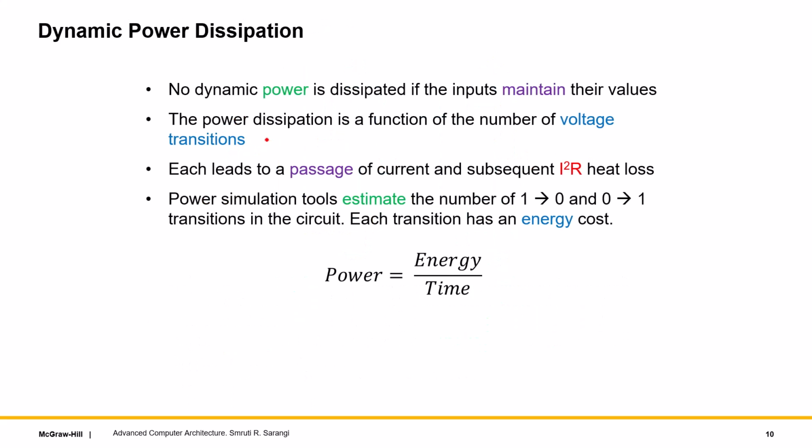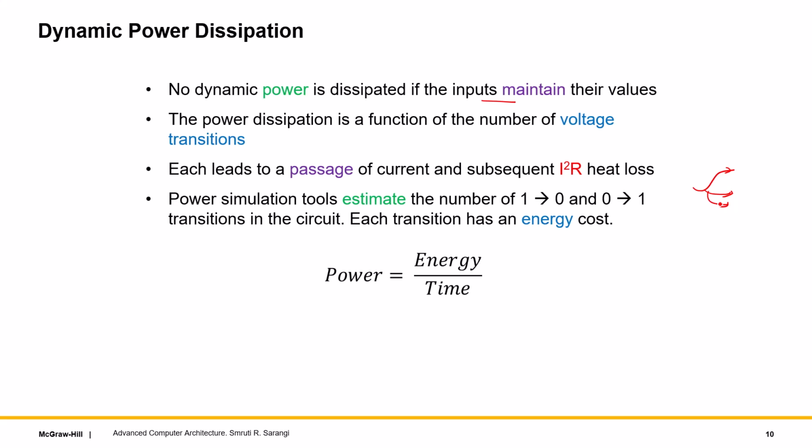The dynamic power dissipation will never happen if inputs maintain their values; switching is needed. The number of voltage transitions or switches determines the dynamic power. And of course, different parts of the circuit look different, right? You have small transistors, large transistors, transistors with a lot of fan out. Fan out means the output of one transistor is going as an input to many more. So all of these have a cost. Power simulation tools basically count all the transitions, and for every transition they have a power cost.